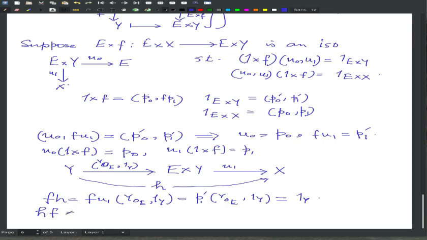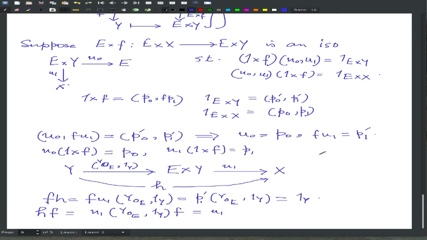So F is starting out, so this tells us that this and HF, if we look into this, this is U1. Now from here this map is taking Y to E, and let's see.